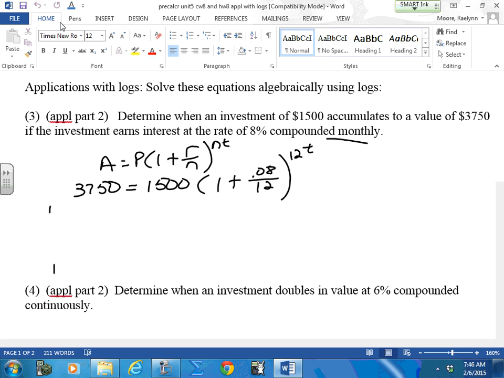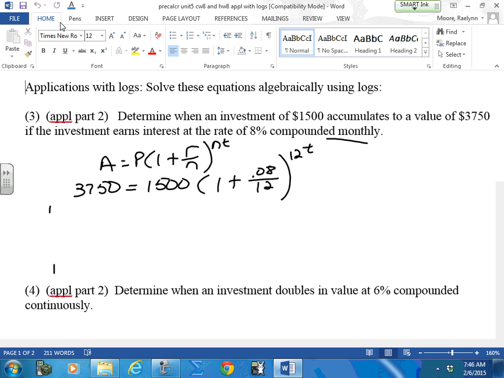If it's possible to divide it out, you can divide it. If it's not possible, we'll do it the long way. So if we were able to divide 1,500 into 37.50 and it went in nicely, we would divide it out. That's like your double, your 2 to 1, your whatnot.